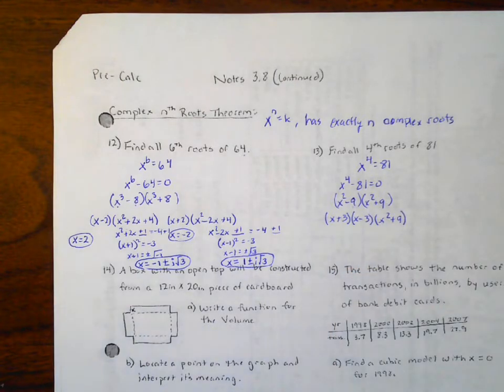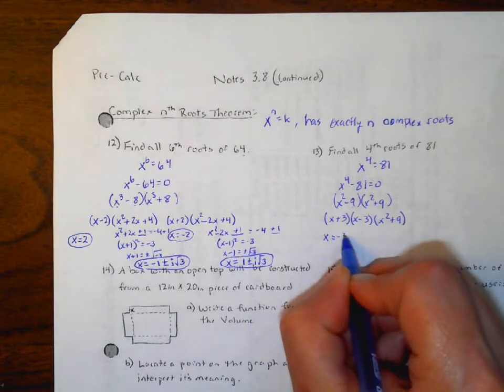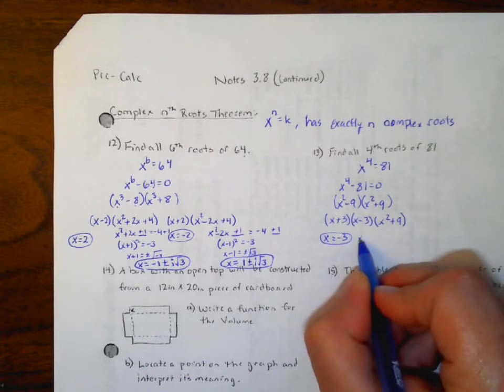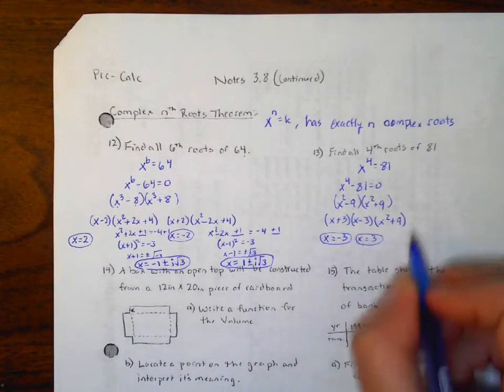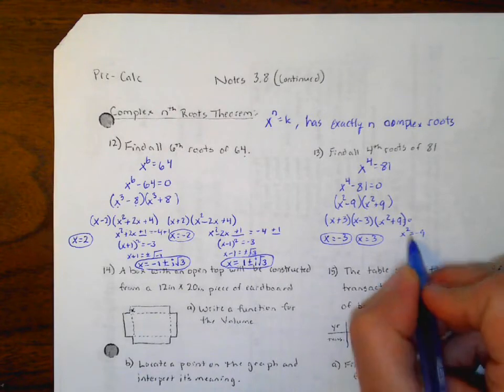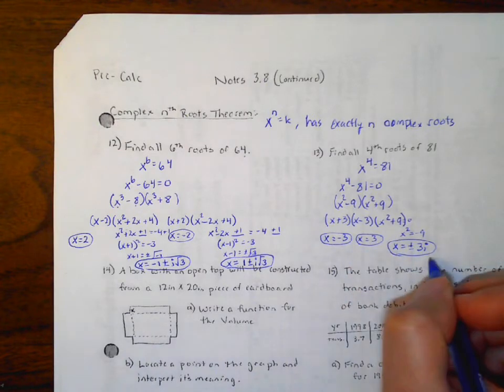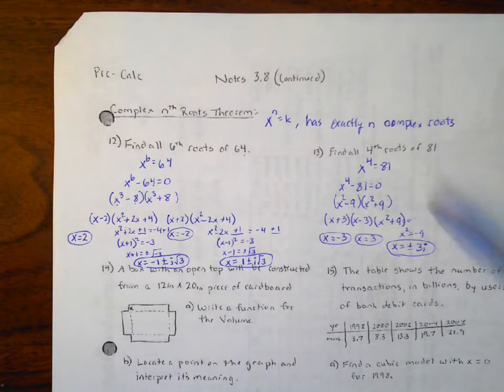Okay, now to solve it, I'm going to set them all equal to 0 and solve, so I get x equals negative 3. X equals 3. Okay, this will give me x squared equals negative 9. Square root of both sides, I get x equals plus or minus 3i. So 3, negative 3, 3i, and negative 3i would be the 4 roots of 81.